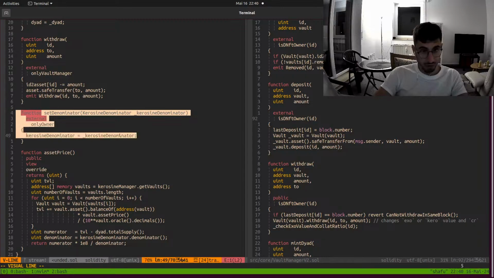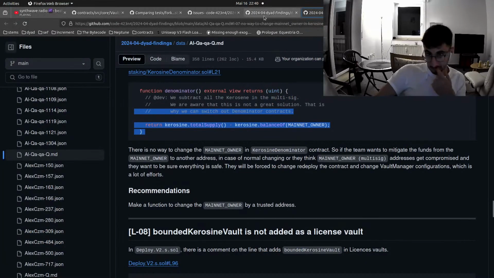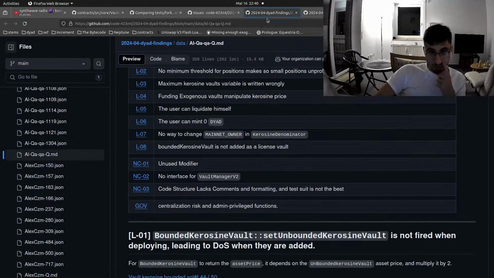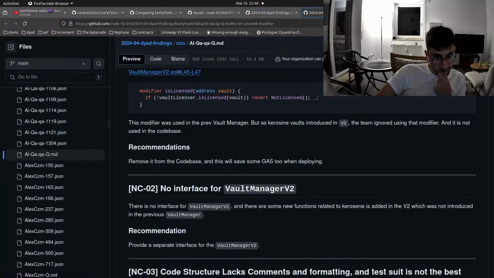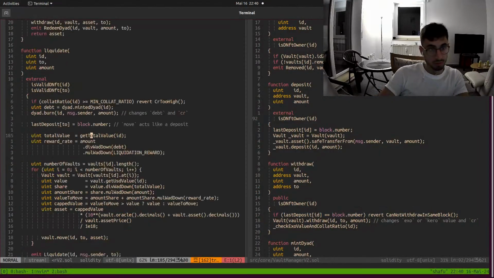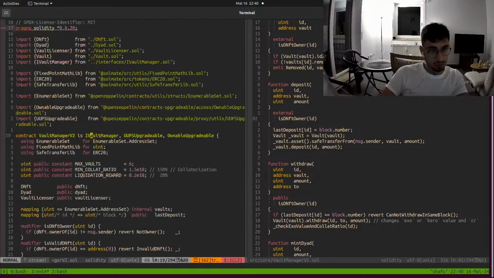You can change the whole contract, so this is fine. Bounded kerosene, there is not defined unused modifier. Yeah. We don't use this anymore.